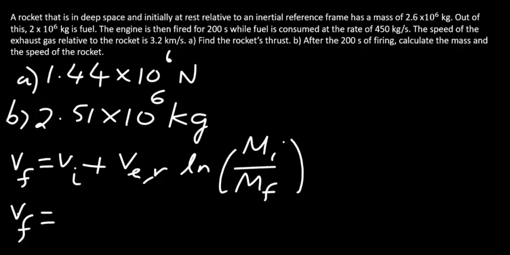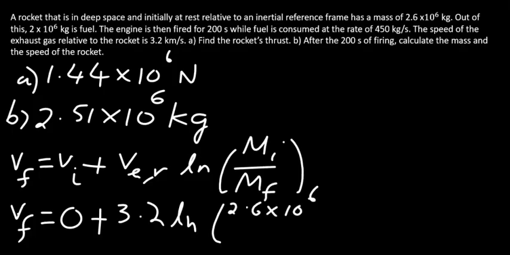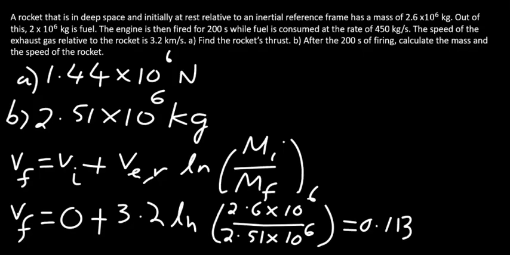So v_f equals 0 plus the exhaust speed, 3.2 kilometers per second, times natural log of the initial mass, 2.6 times 10 to the power 6 kg, over the mass after 200 seconds given in part B, 2.51 times 10 to the power 6 kg. And that's going to give you an answer of 0.113 kilometers per second, or 113 meters per second. And that solves the problem.